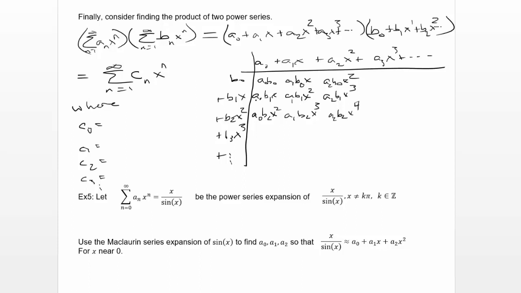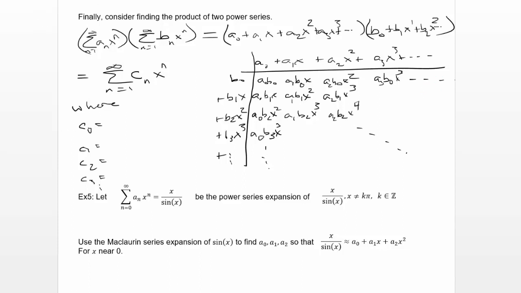And I'll fill in just a few more: a0 b3 x cubed, and a3 b0, nothing times x cubed is x cubed. And you could continue filling in this table.